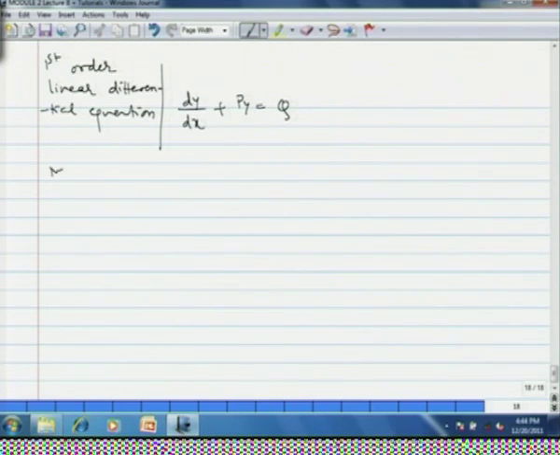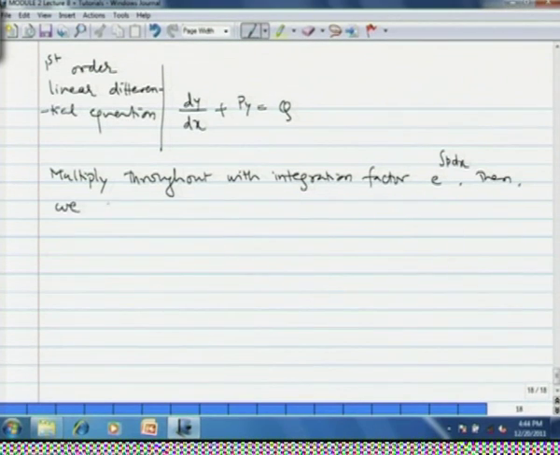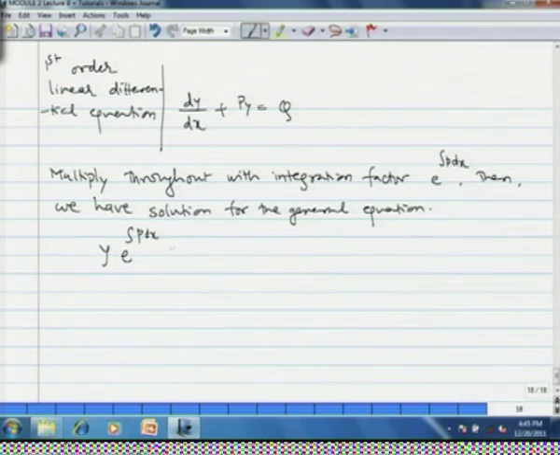Now, what we do is that we multiply throughout with the integration factor e to the power integral p dx, and then we have a solution for the above general equation as y into e to the power integral p dx is equal to integral q into e to the power integral p dx into dx plus constant.